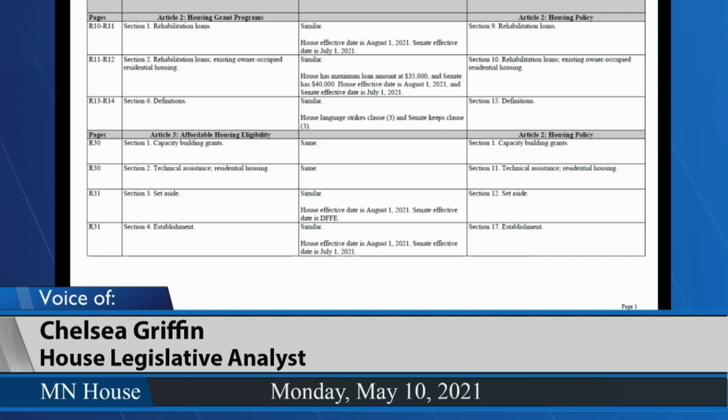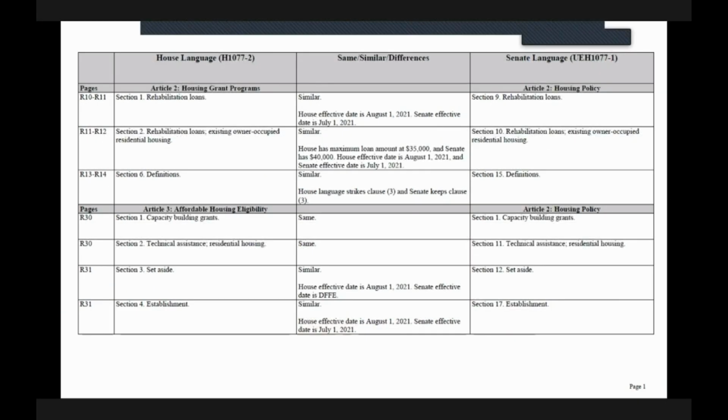And then the second row here, section 2 in the House language and section 11 in the Senate language. This is just making a clarification that MHFA can provide support to assist in planning, and that the purpose is to increase capacity of entities to meet the housing needs in the state.